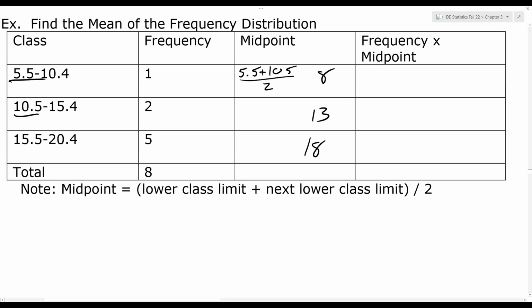I don't have the actual data, but I can create a list of the possible or representative values. So I have a frequency of 1, which means I have one value of 8. I have a frequency of 2 across from 13. That means my data set has 2 13s in it. And then the last one says my data set has 5 18s.